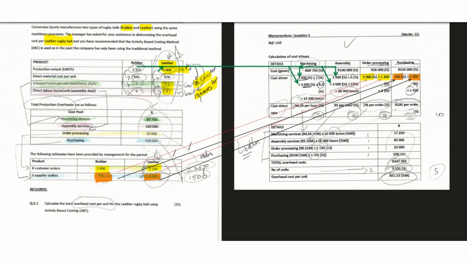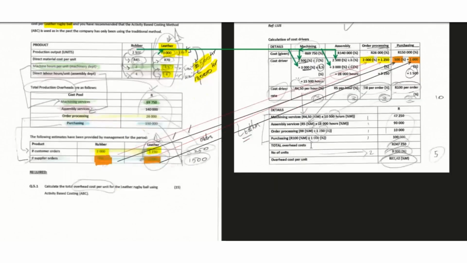So when we take these totals, we take the total cost that was provided for the order processing, which is 26,000. We're going to divide it by the total customer orders, which is 3,250. Basically, that's why we found 8 rand per order, and 100 rand per order when it comes to purchasing. Okay, so I trust everything is clear.